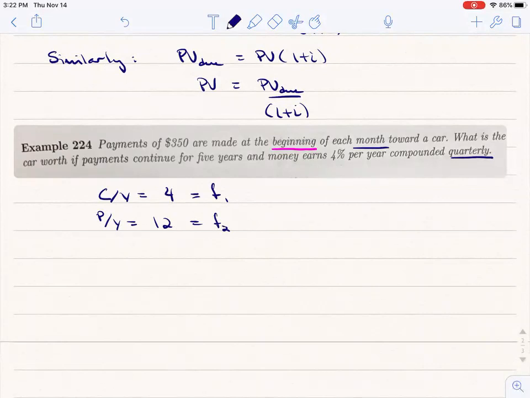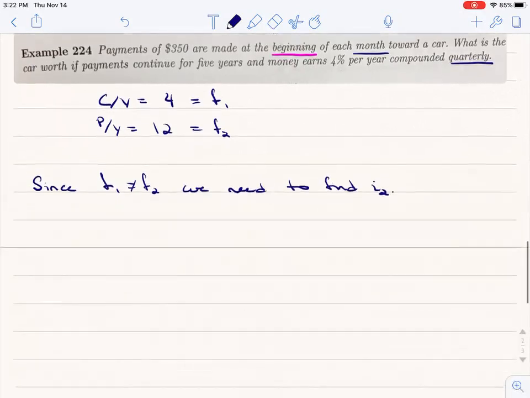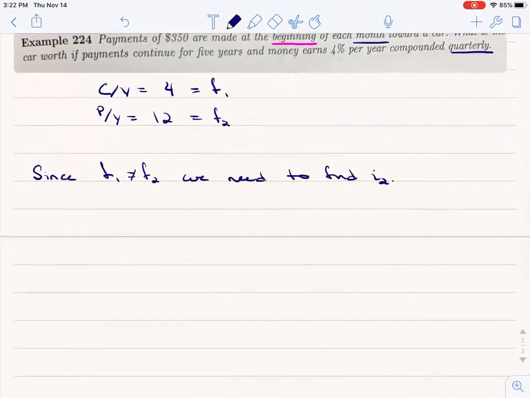Since F1 is not equal to F2, I have to find I2. Right? So since F1 is not equal to F2, we need to find I2. Which means we need to find I1 first.